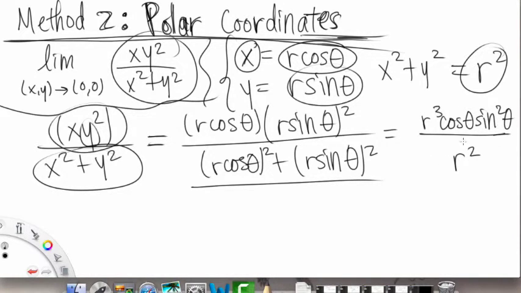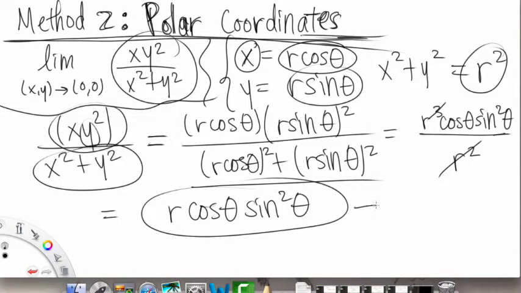Now we can reduce: if we cancel out two of those r's on top and bottom, we get r cosine theta times sine squared theta. This is a rewritten form of the function we're concerned with.